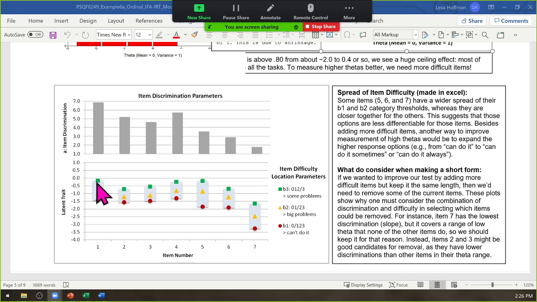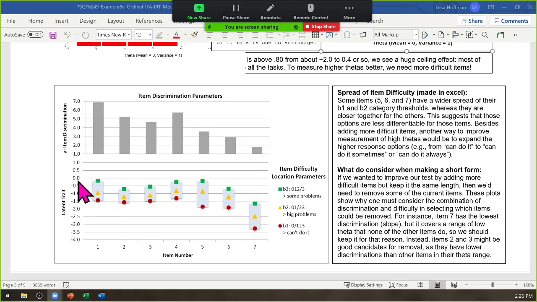So a person with a theta of 0 has a 50% probability of saying, yes, I can do this with no problems, which is the highest category. The point that I was making is that if I'm somebody with a theta of 1, look at my y-axis here, it stops at 1 because I didn't need to go further, because none of the items are above that.